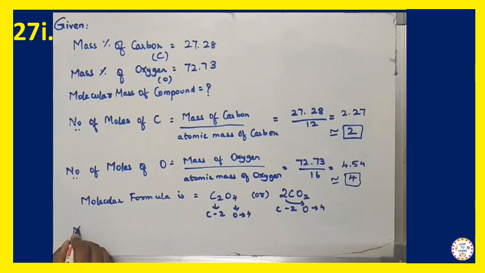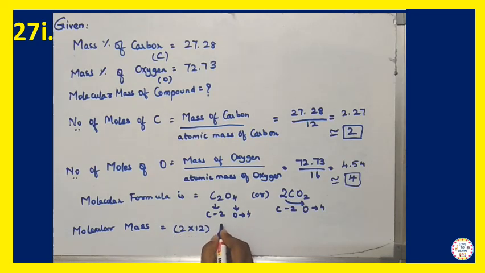Now we have to find the molecular mass or molecular weight, which is equal to 2 into 12 plus 4 into 16. So this gives 24 plus 64, which is equal to 88. So the molecular mass of the compound is 88 grams.